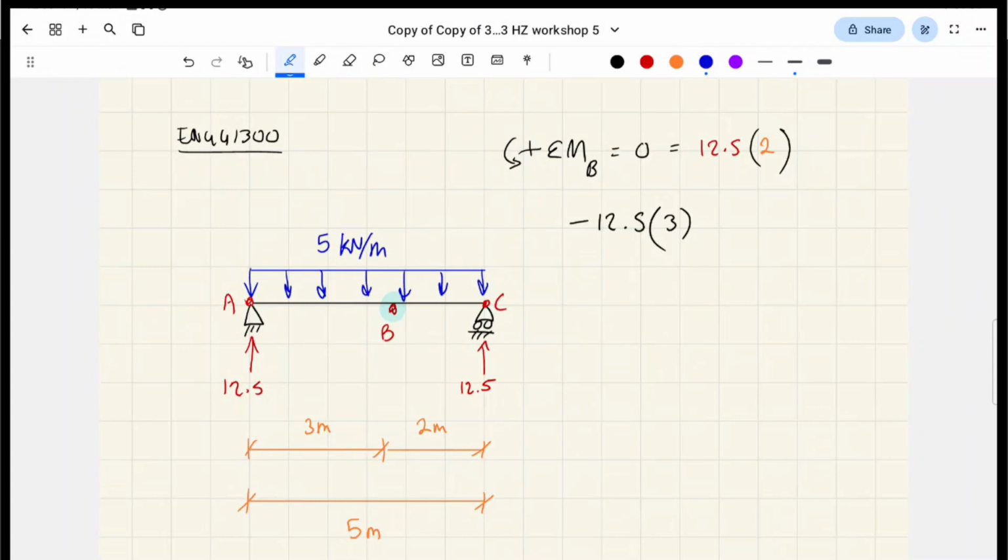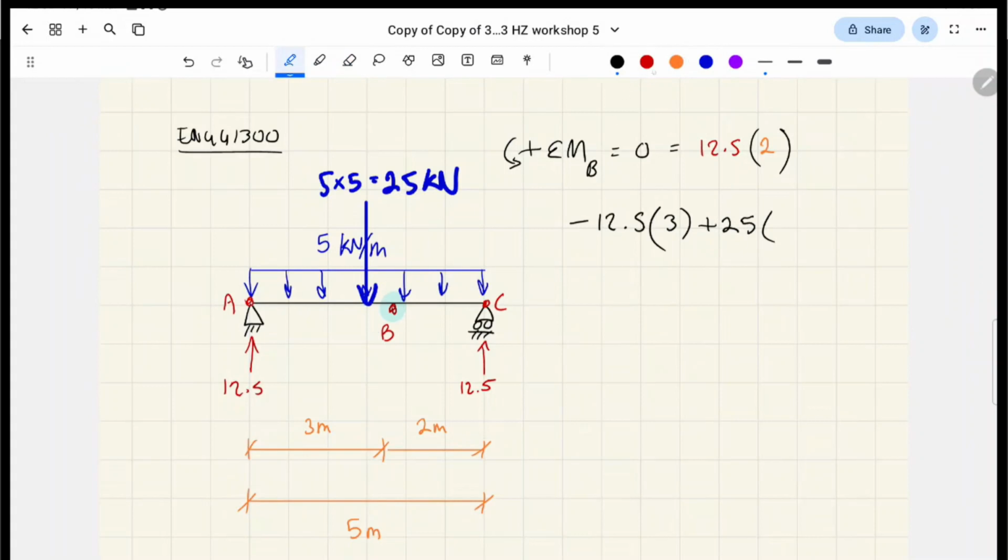Essentially you can turn this big uniformly distributed load, which is a rectangular shape, into a single point which acts down the middle, by multiplying 5 kilonewtons per meter by 5 meters, which is how long it stretches across. So basically that's just 5 times 5, which is 25 kilonewtons acting down. So this is equivalent when we're looking at the entire system, right? And this is going to cause a counterclockwise spin about B, so we're going to add it.